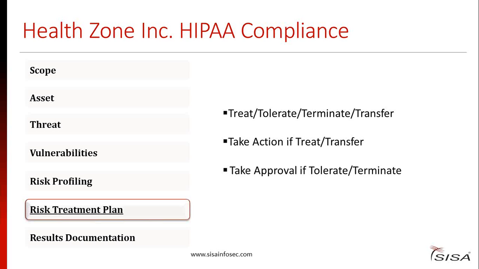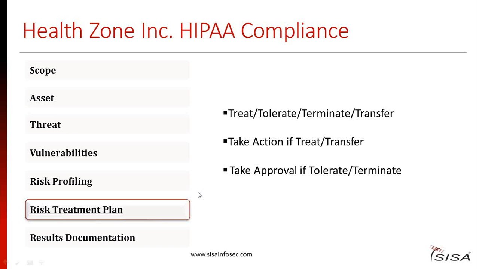But if you're transferring the risk to some service provider, business associate or subcontractor, you have to calculate the risk if you are taking a new vendor service. So again, a risk analysis will take that into consideration.